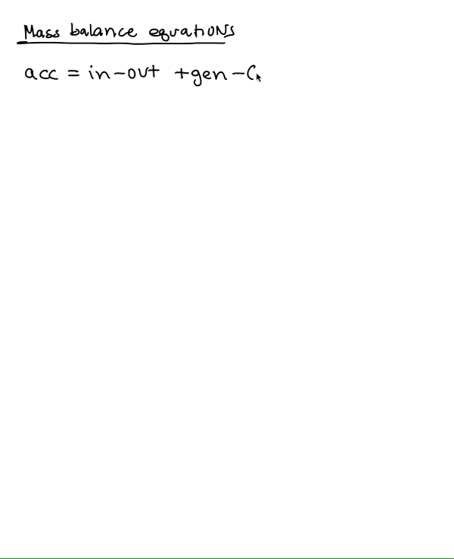Before we do that, we want to say accumulation equals in minus out plus generation minus consumption. So this is the general mass balance equation. But in this case, generation and consumption are zero because there's no reactions.